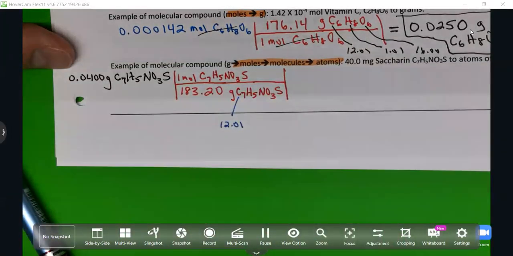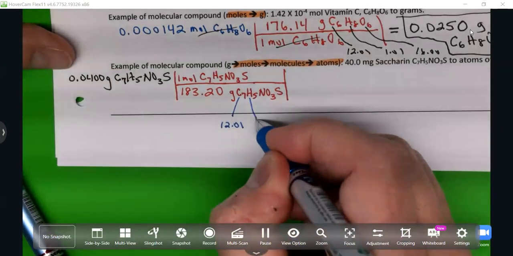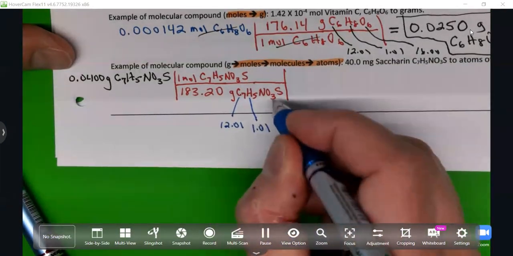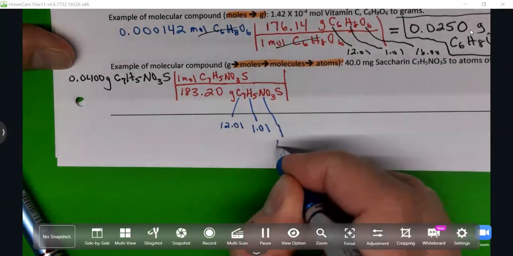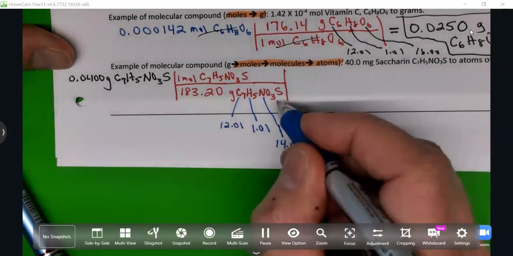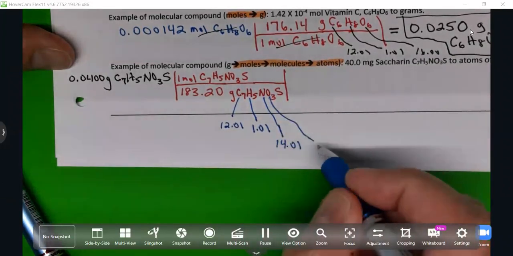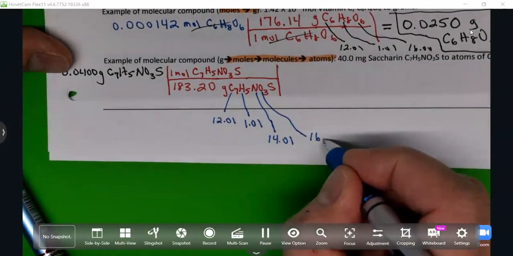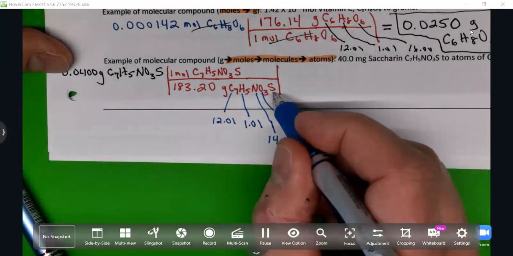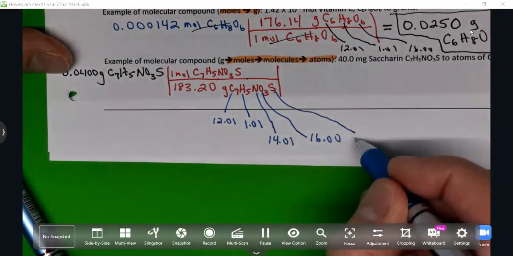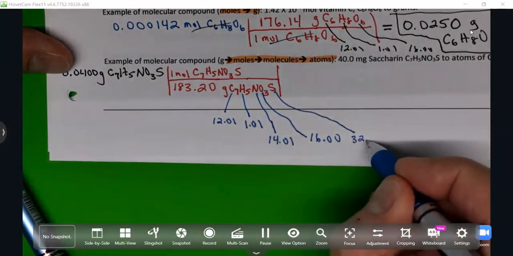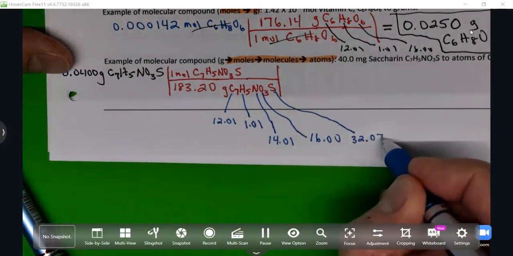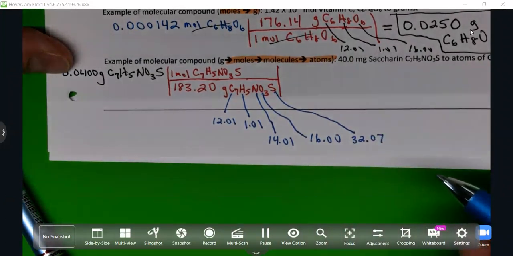183.20. So 12.01, 1.01, 14.01, 16.00, and this thing ends up rounding to what? 32.07?